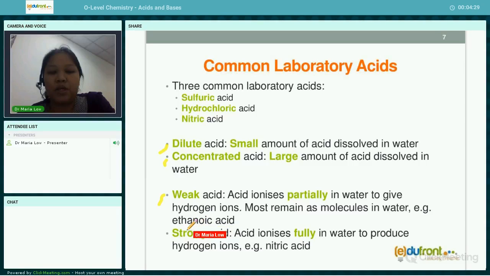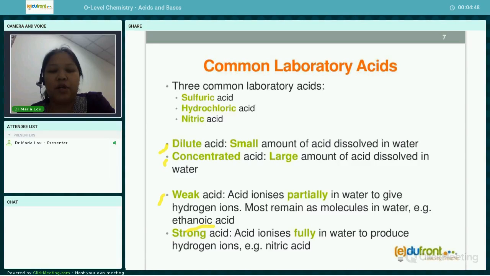A good example will be ethanoic acid, which we talked about just now, which can be found in vinegar. So ethanoic acid is a weak acid because when it's dissolved in water, not all of the ethanoic acid molecules are ionized completely in water to give you hydrogen ions.